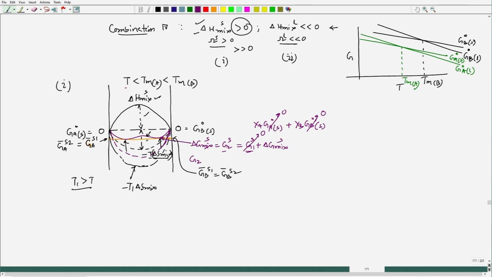We can actually draw this. Okay. So, this becomes G2 at T1, and this one was G2 of solid at T.